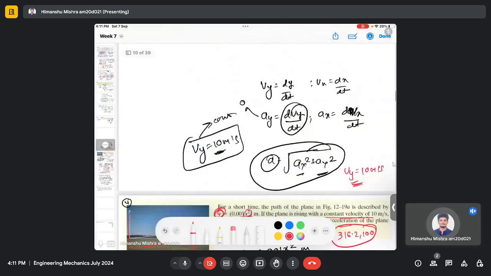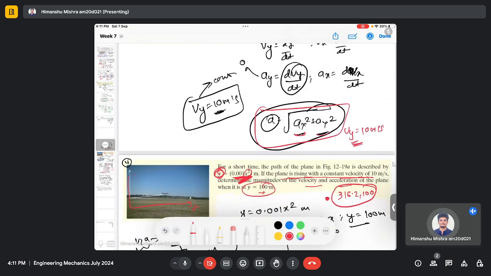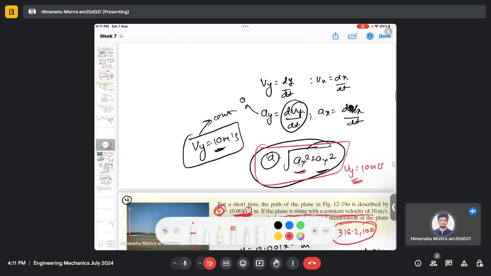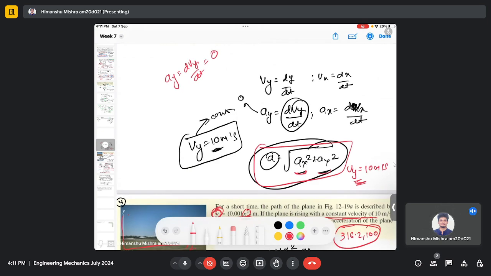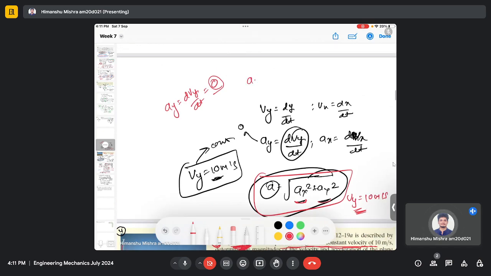Using a similar expression, you can calculate the total acceleration, which is given in terms of the components ax square and ay square. But in the question, it is given that Vy is constant, the rising velocity is constant, which means if I write the acceleration as change of velocity in time, it is 0, because Vy will not change in time. So my acceleration in the y direction is 0.